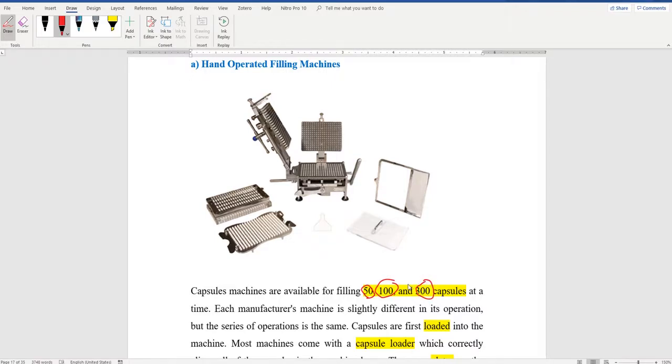That's why rarely you will find this machine in industry, because the number of capsules produced every time is relatively small, and it needs labor, it needs someone to operate this machine. So maybe you will need several machines and several people to operate them if you want to use them in industry. That's why rarely you will find this in industry.